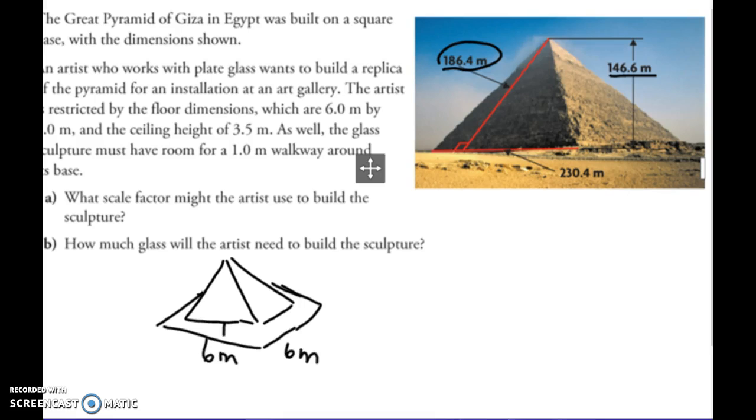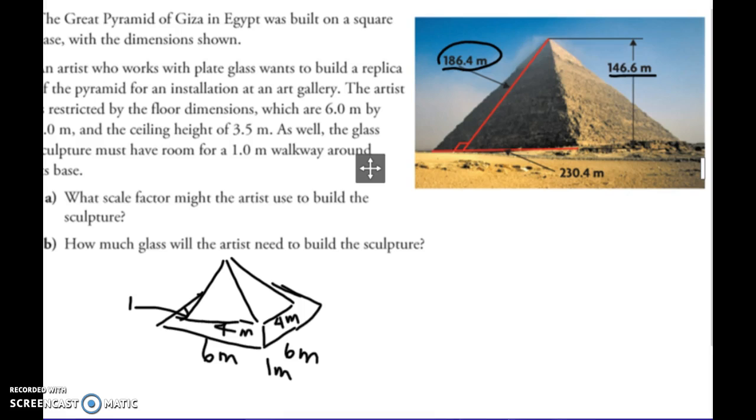But we need to leave a 1 meter walkway in between. So that has to be 1 meter, and you have to be able to walk 1 meter there. So if you're taking a meter off of both sides, that means the base of your pyramid can only be 4 meters by 4 meters. Okay? Because you have to have 1 meter to walk around on all 4 sides.